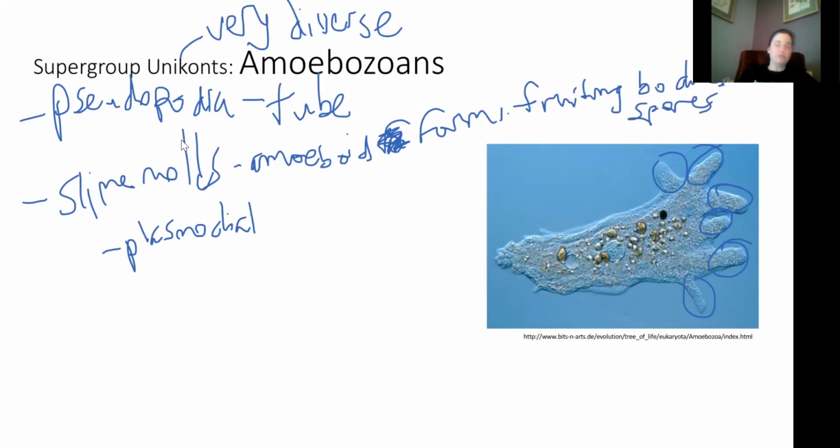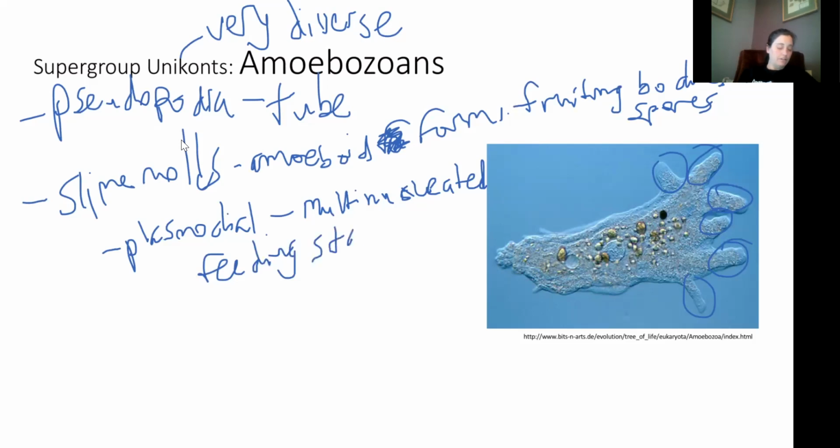So the plasmodial ones are really brightly colored. They're often orange or yellow. Ours will be yellow. And then the feeding stage is multinucleated. So we have a multinucleated feeding stage, which we call a supercell.